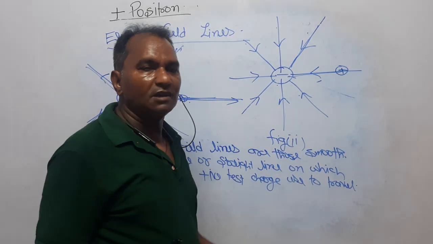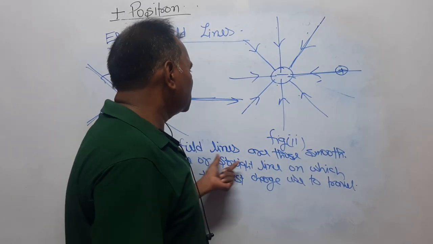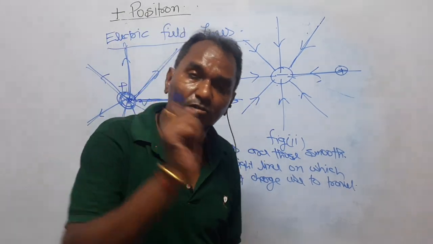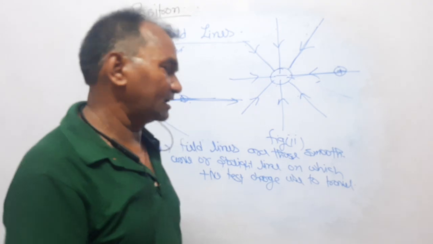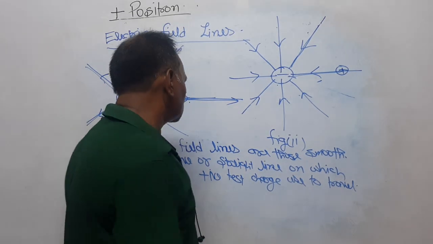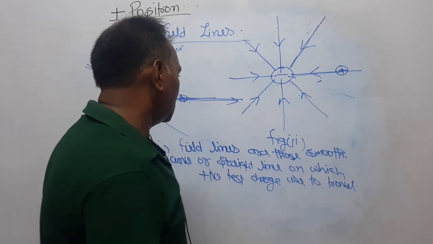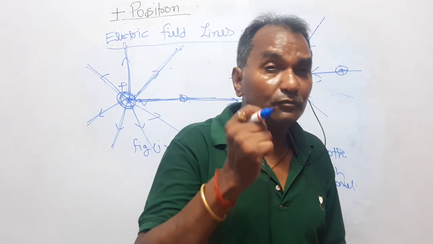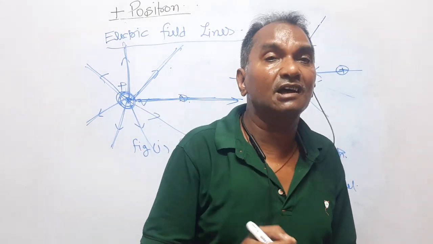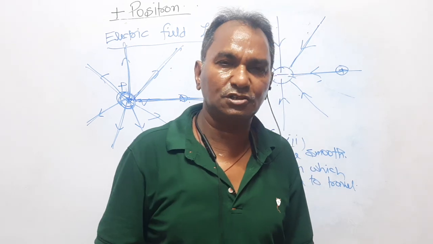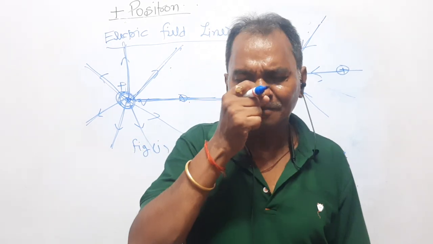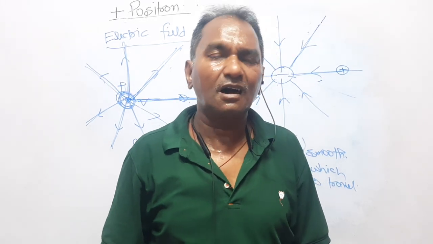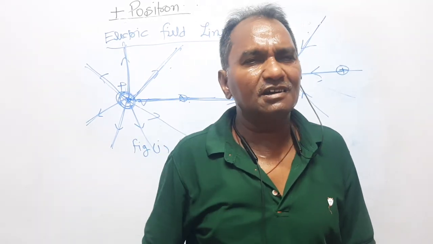Dear students, how can you define field line? Field lines are those smooth or straight lines when there is an isolated charge, either positive or negative. Field lines are those smooth curves or straight lines on which positive test charge used to travel. You will get a smooth curve when there is a combination of either two positive charges or two negative charges, or a pair of positive and negative charges.